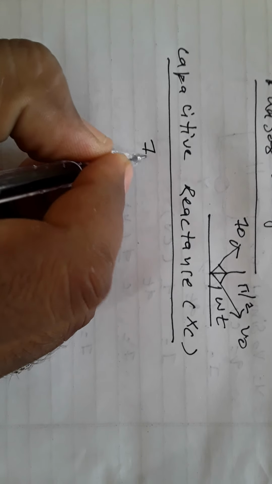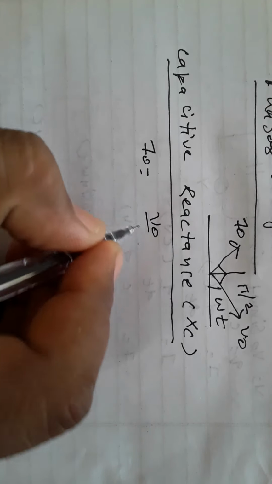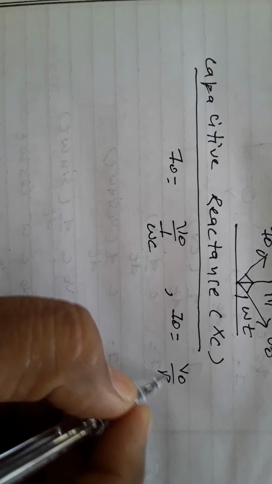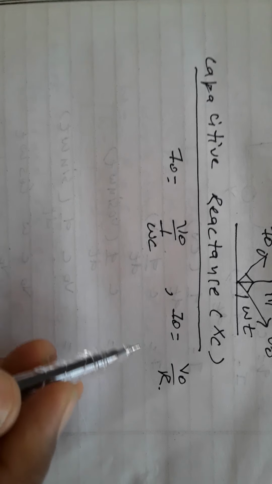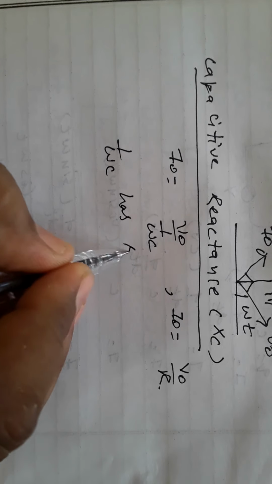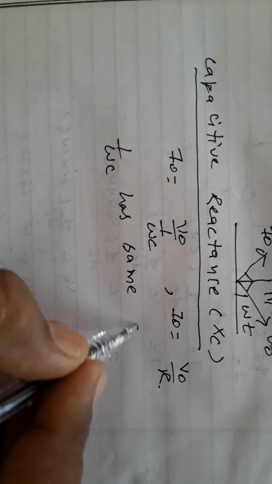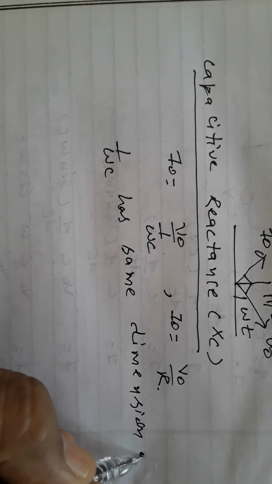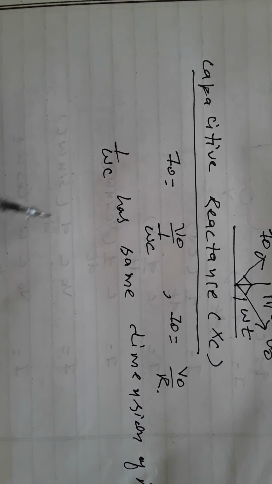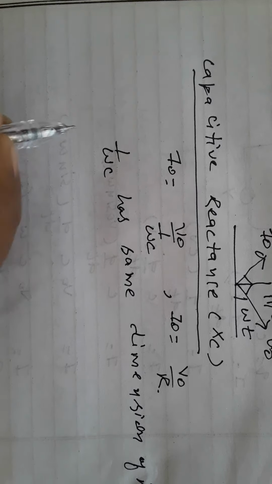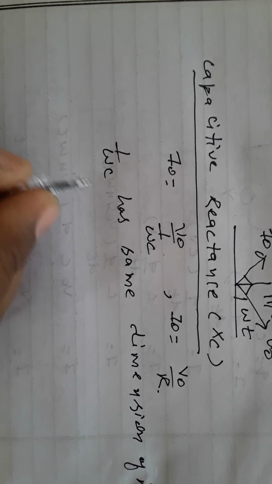We have taken I naught equal to V naught times omega C. According to Ohm's law, we can write I naught is equal to V naught upon R. Then we can see that 1 upon omega C has the same dimensions as R. So when current is passing through the capacitor and the capacitor opposes the current, it is known as capacitive reactance.